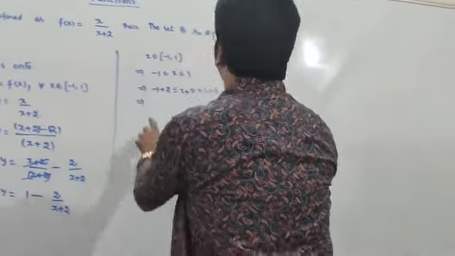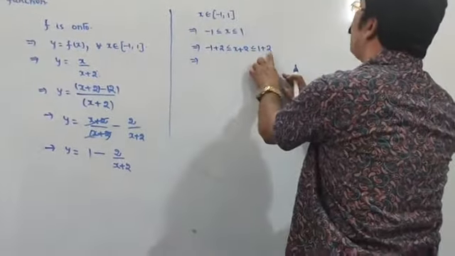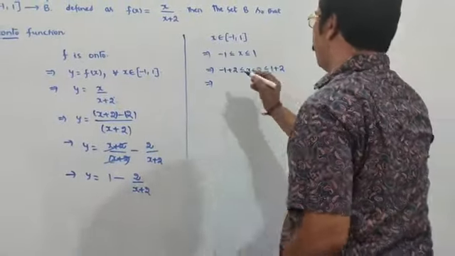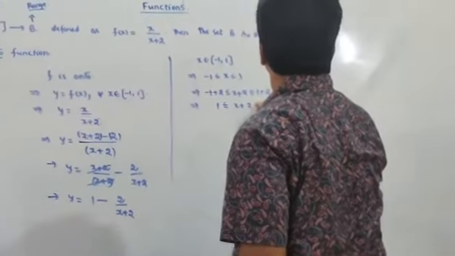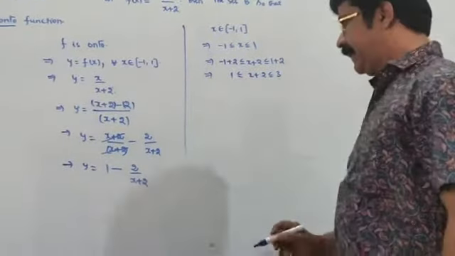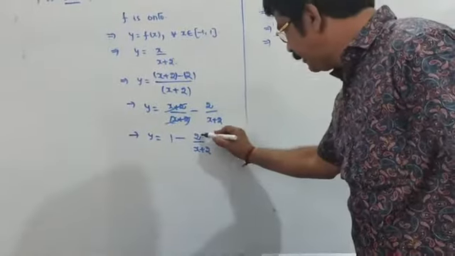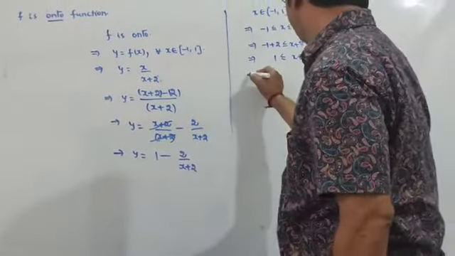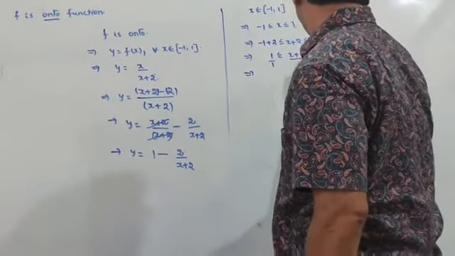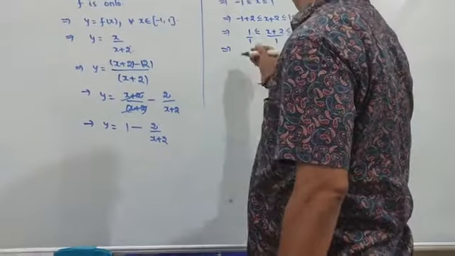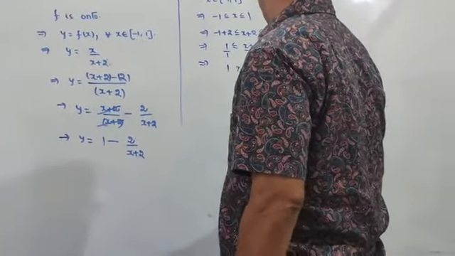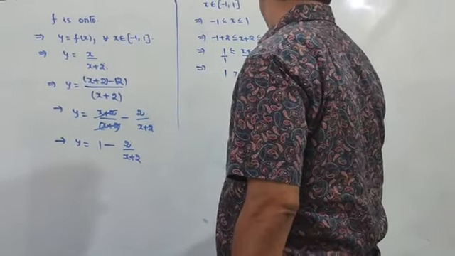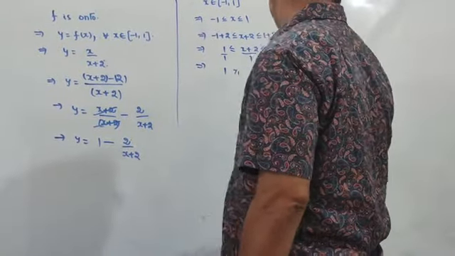This is adding 2 throughout the inequation. So 1 less than or equal to x plus 2 less than or equal to 3. Next, first take the reciprocals. So 1 greater than or equal to 1 by x plus 2 greater than or equal to 1 by 3.